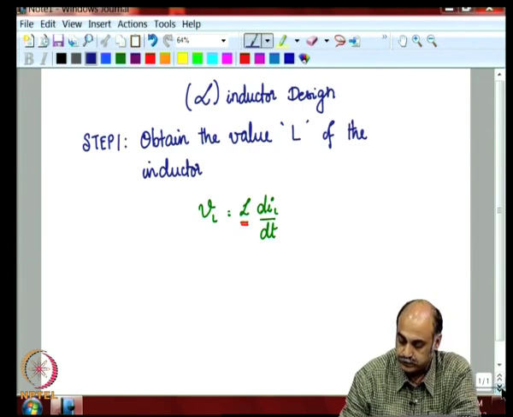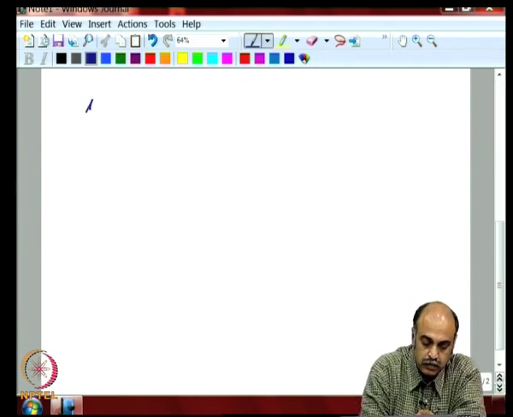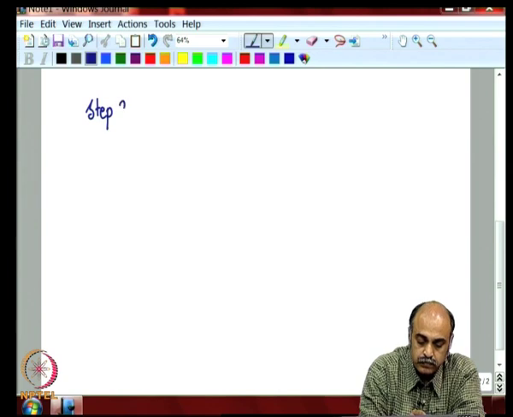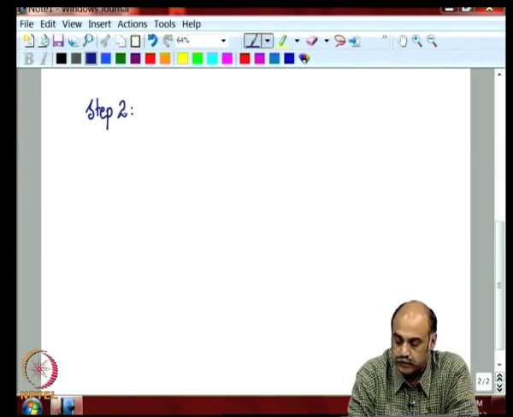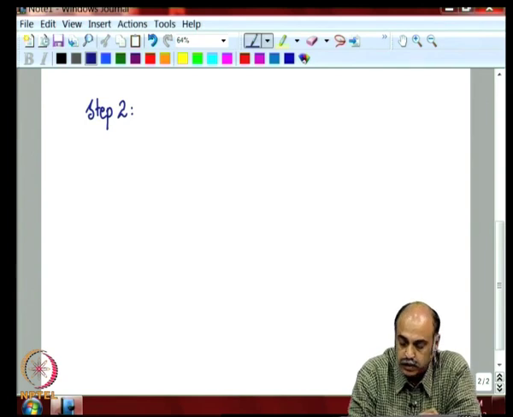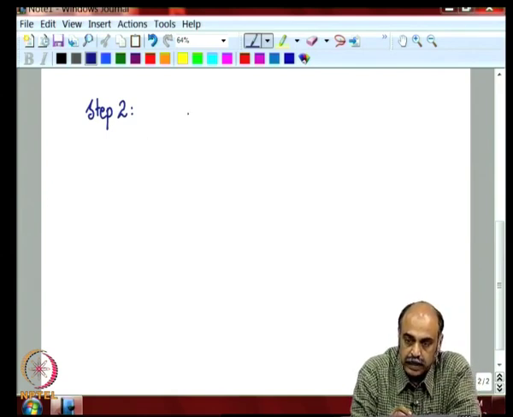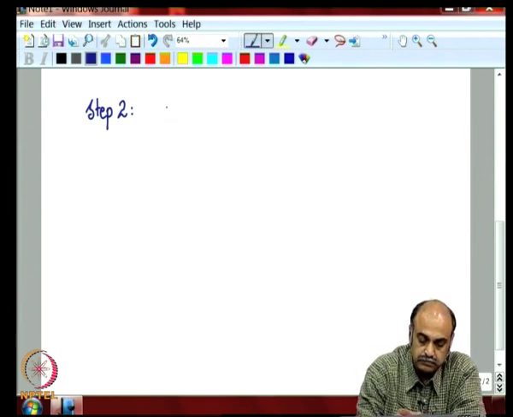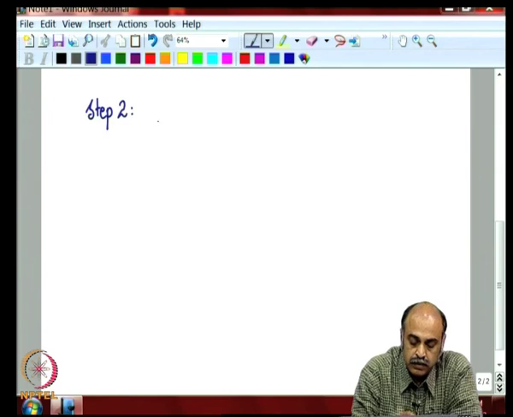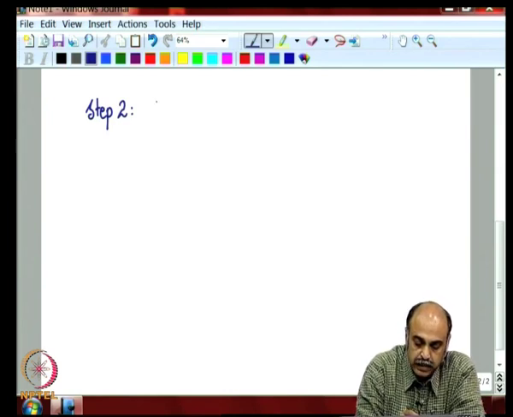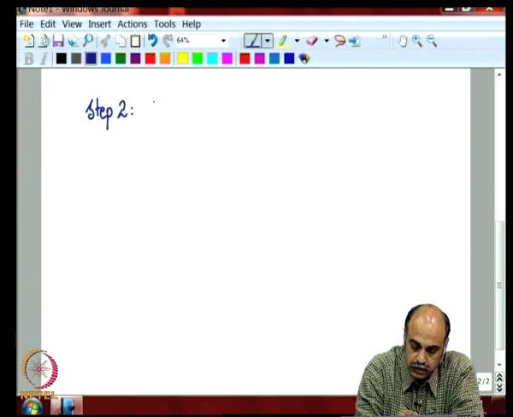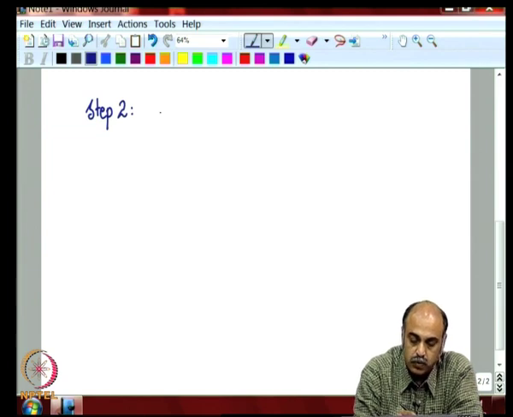Now, step 2 is to obtain the area product, as we discussed in the previous class. We would like to link the electrical and magnetic parameters with the mechanical parameters, and that we have done through two physical parameters called the core cross section area and the window area.